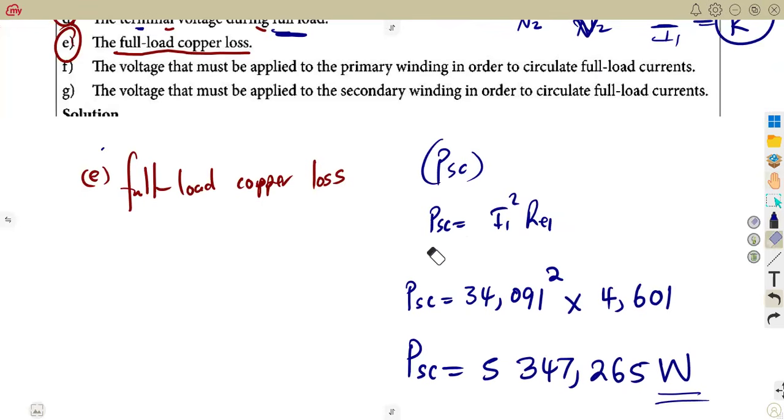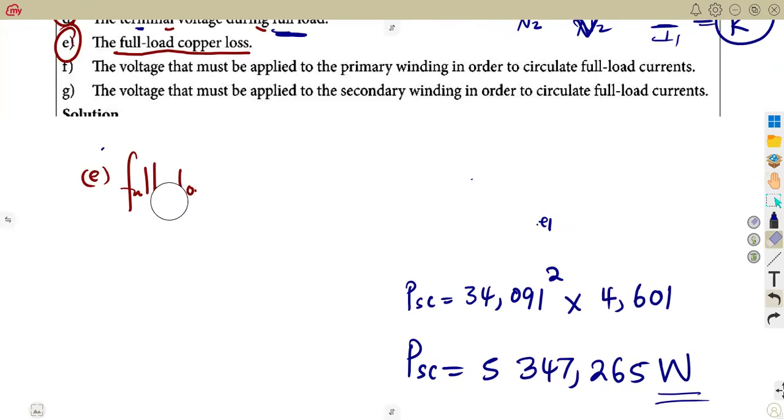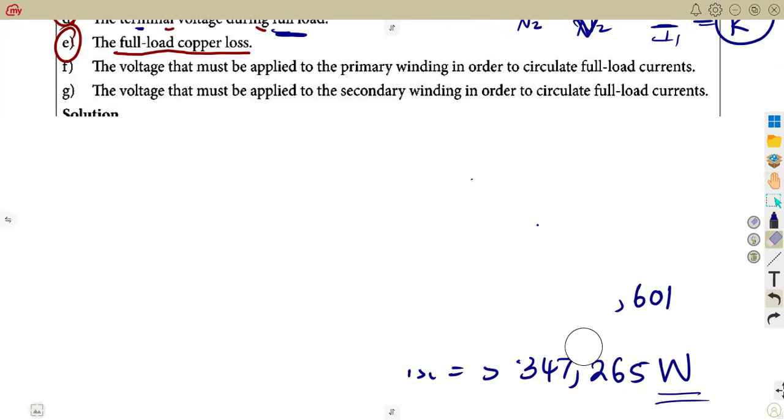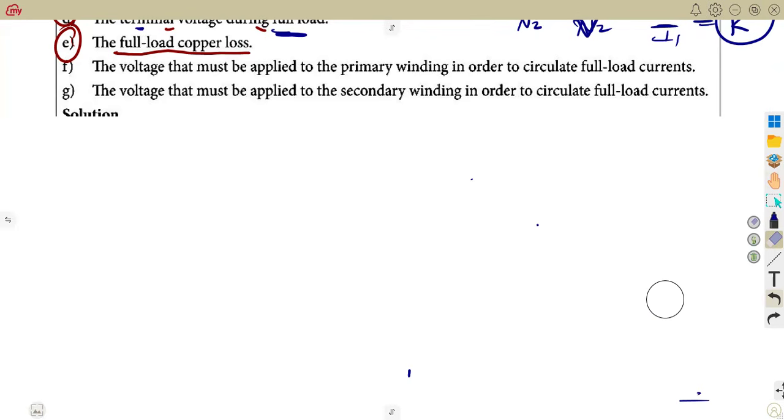So now we talk of the short circuit conditions at full load. In case we're going to need this power, guys, you must remember that value. Next, the voltage that must be applied to the primary winding in order to circulate full load currents. We are talking at full load.